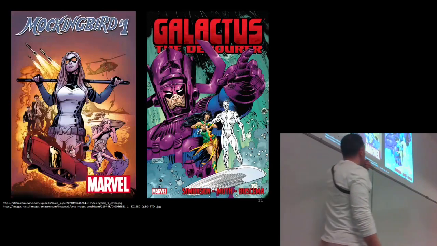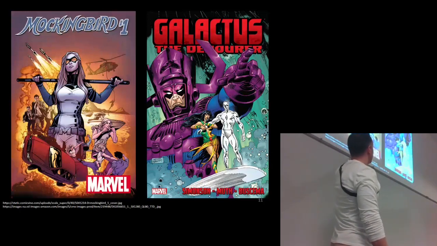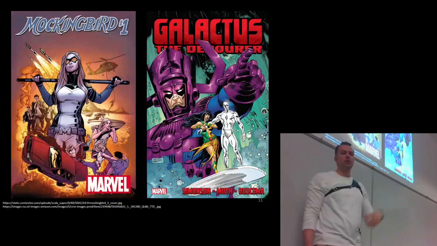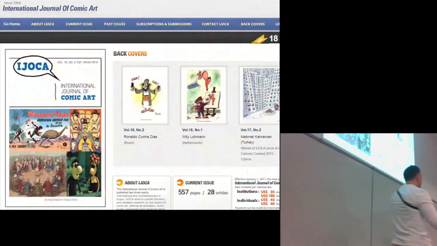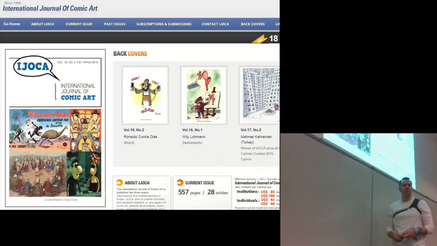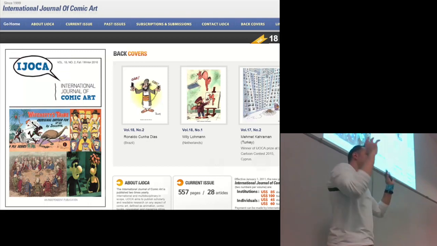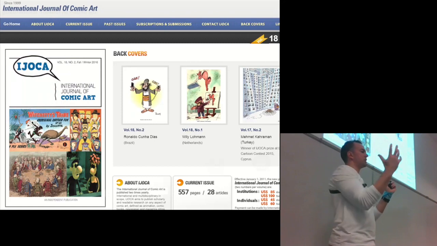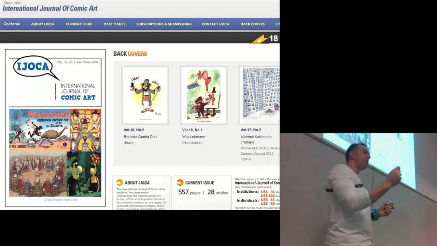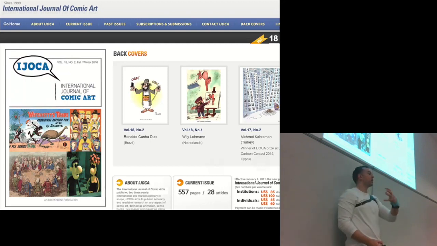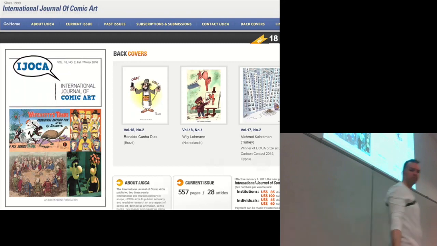So we took a look at the various ways that contextual and structural information is combined to communicate either literal or metaphorical information.